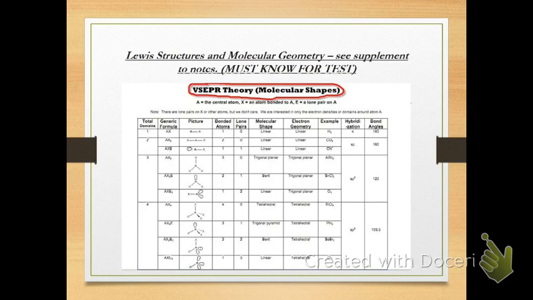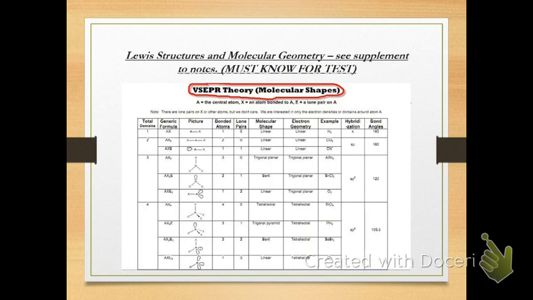And so if you look at this chart, I want everybody to look at it. And I want you to look at where it says number of electron groups. I would say electron density just because that's what we use in AP. Okay? So if I have something that has 4 things around it, if 2 are lone pairs and 2 are bonded pairs, it still has 4 areas of electron density or groups.